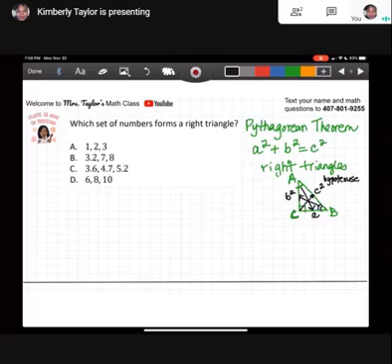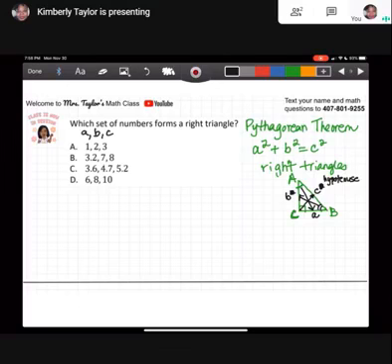Okay, and these are your two sides. And I didn't mean to put the square, but yeah. So you got A, B, and C. So when you're looking at your answer choices here, that's how you should look at them, as A, B, and C. So let's analyze each answer choice and see which one of these is going to give me a true statement that a squared plus b squared is going to equal c squared.